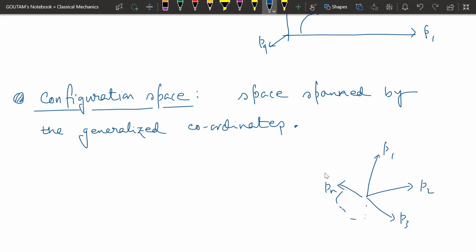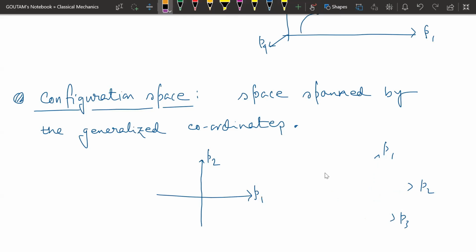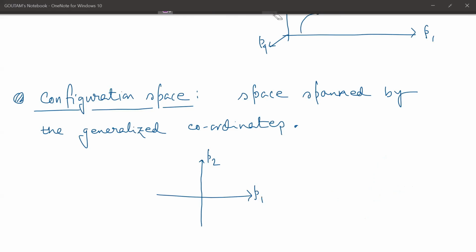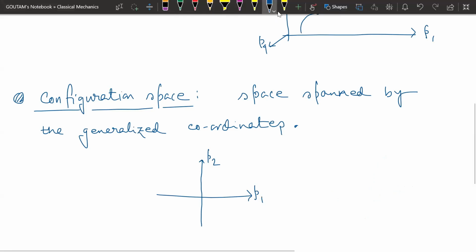If we have only two generalized coordinates, the configuration space will look like this. It's P1 and P2. If we have three coordinates, we can still draw something like that: P1, P2, P3.